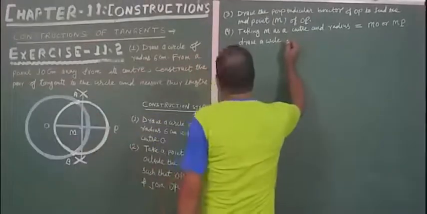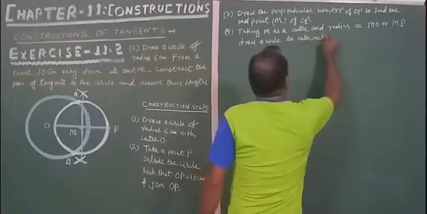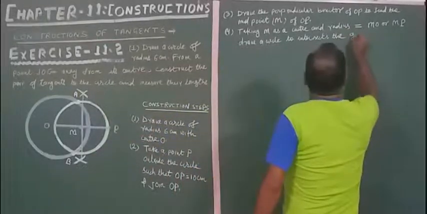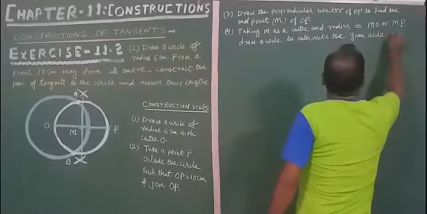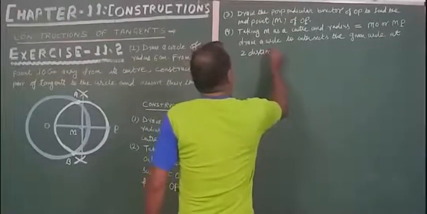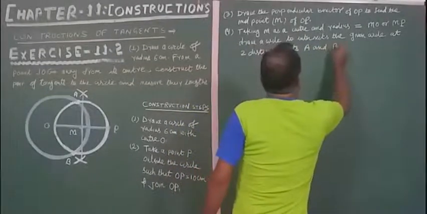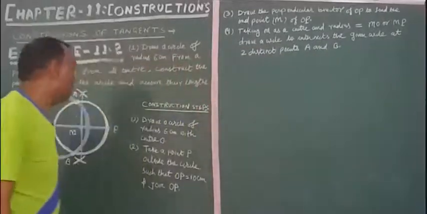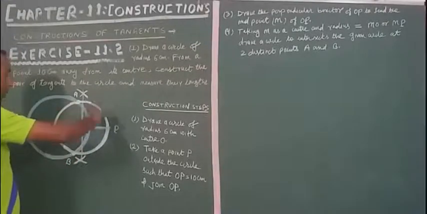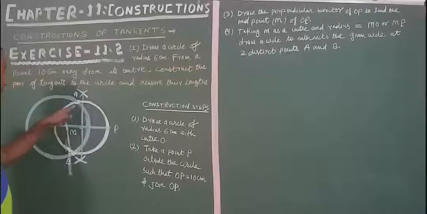We will draw this circle to intersect the given circle at two distinct points, capital A and capital B. What we are doing in step number 4, taking M as a center, we will draw this circle to intersect the given circle at 2 distinct points.